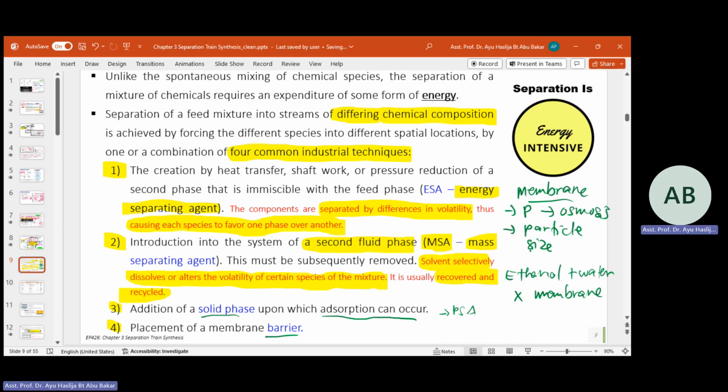Okay, because membrane works with particle size. It has pores, small pores. So it works with particle size. Similar concept on the particle size, similar concept for the adsorption. The concept is the pore size, which involves solute.